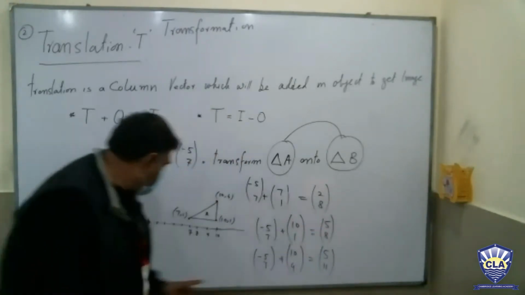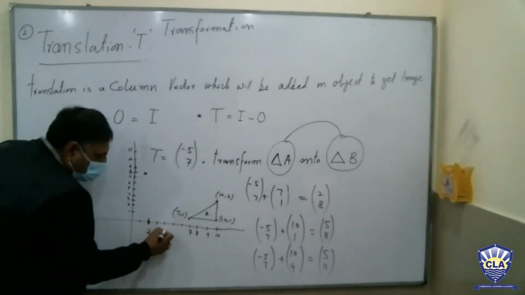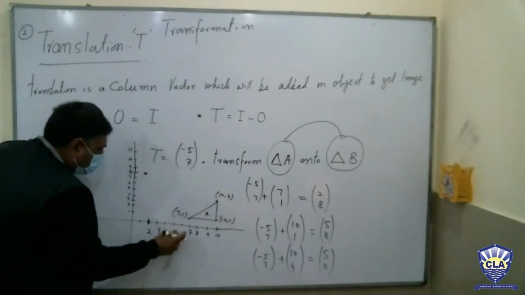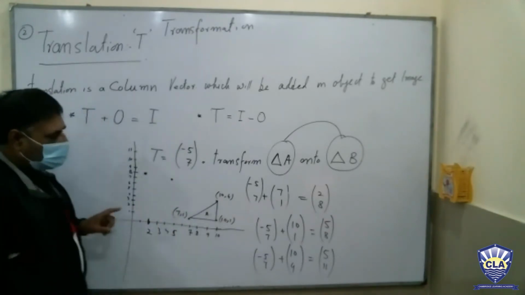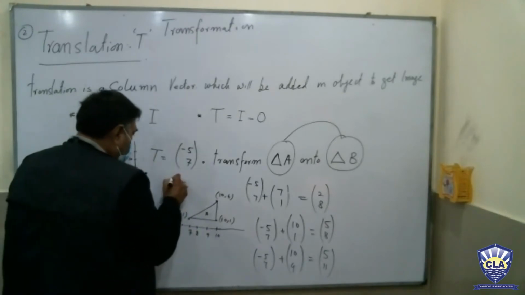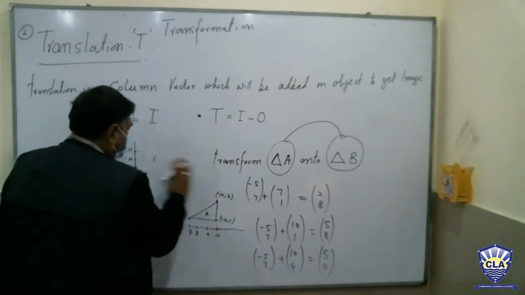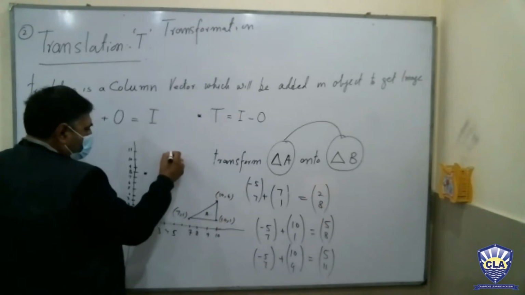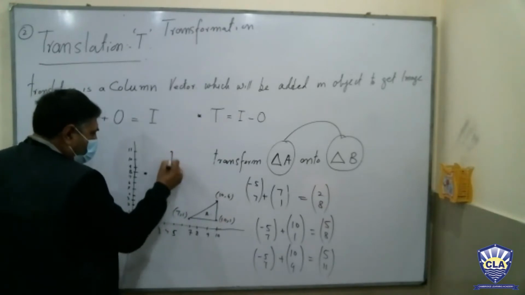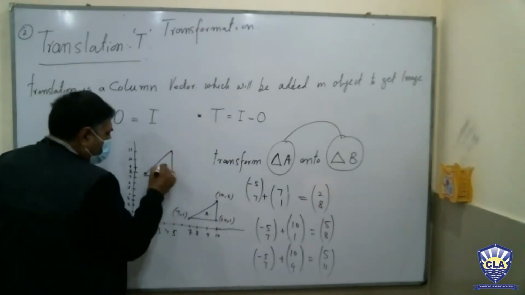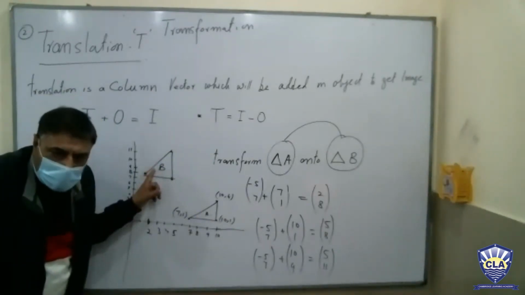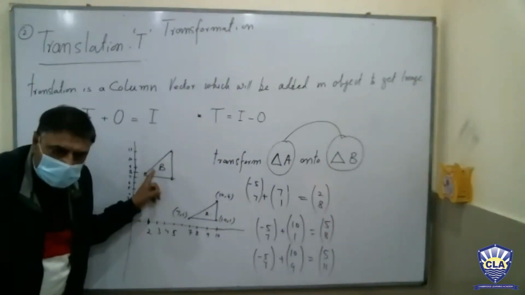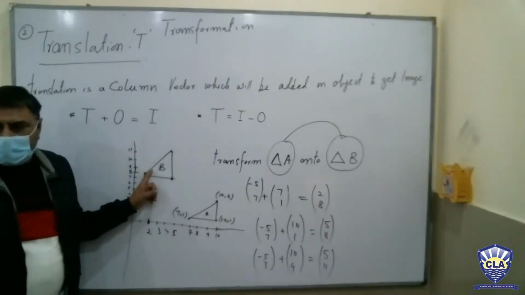Now where is 5, 8? 4, 5. 5, 8. And the last one is 5, 11. Triangle A is translated to triangle B. It is the translation. Okay, done with that.